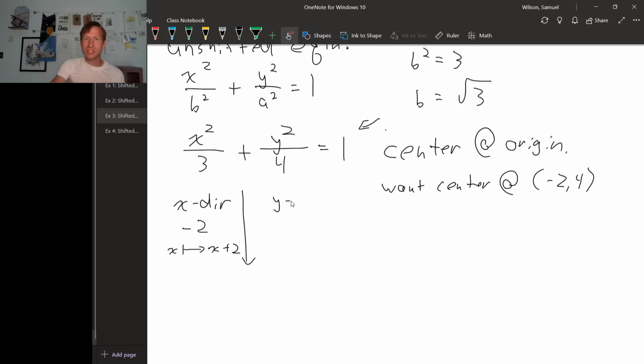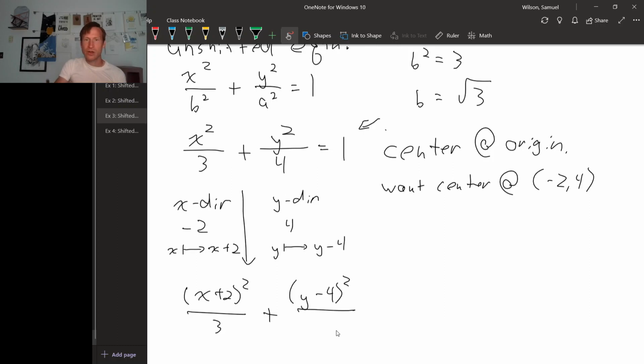And for the y direction, we need to shift from 0 to 4, so we're going to replace y with y minus 4 in our equation. So this gives us x plus 2 squared over 3 plus y minus 4 squared over 4 equals 1. And there's the equation of the ellipse.